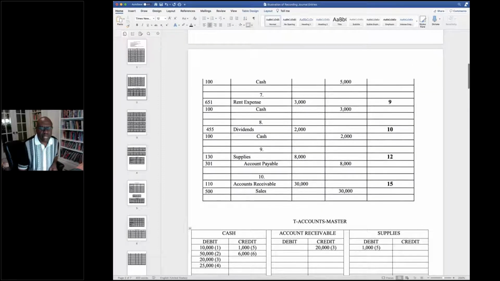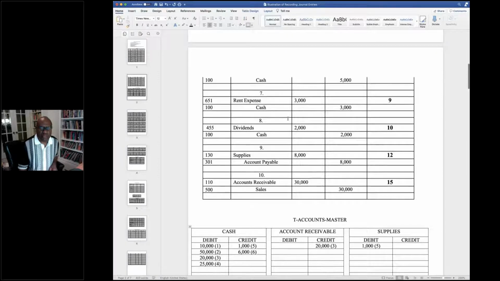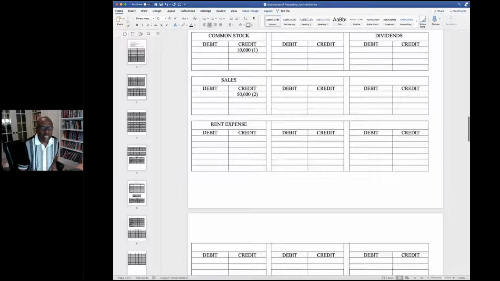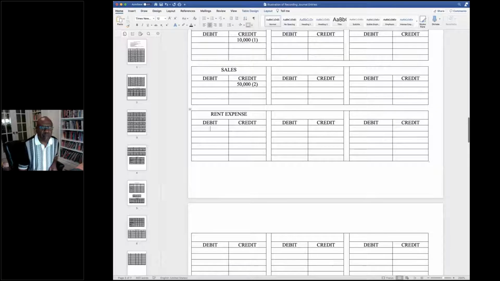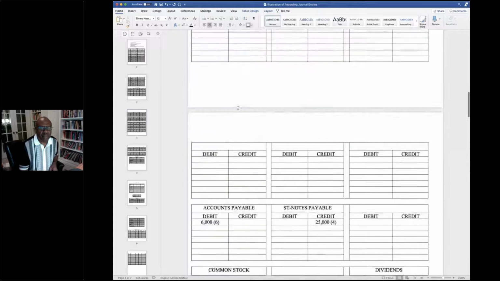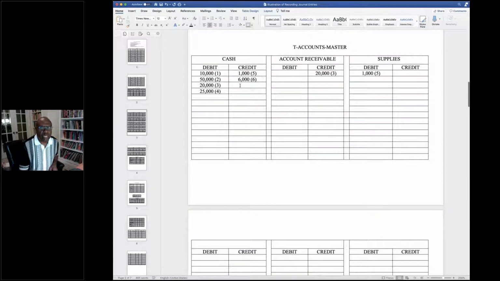Transaction 7, we paid rent expense for $3,000. We're going to go to rent expense. We're going to debit it for $3,000. And this is transaction 7. We're going to go back up to cash. We're going to credit cash for $7,000.